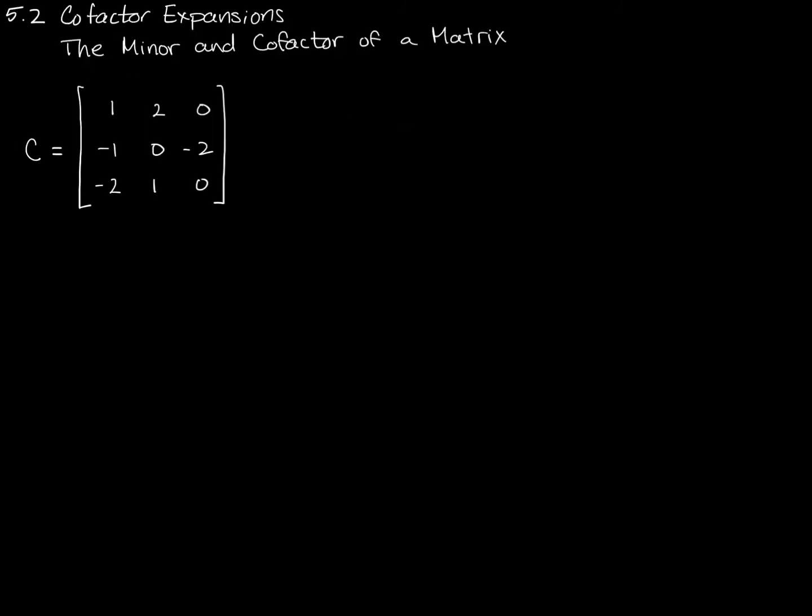Okay, here's a new matrix I'm calling C, and I want to find the cofactor of, let's say, entry 2, 1, the cofactor of entry 3, 2, and the cofactor of entry 2, 3.